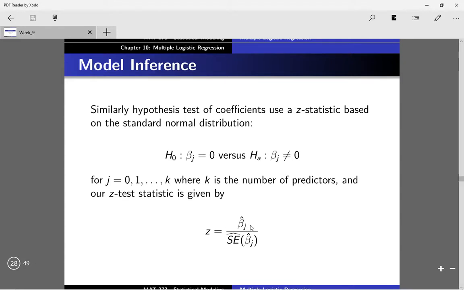And so this is the same format, the coefficient estimate over its standard error, but how the p-value is calculated based on this differs. That's why it's denoted with a z, because this uses, again, a standard normal distribution to get the p-value rather than a t distribution. Okay, and we can again test this for each of the predictors individually, where we have k predictors.